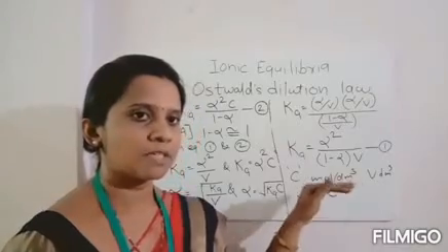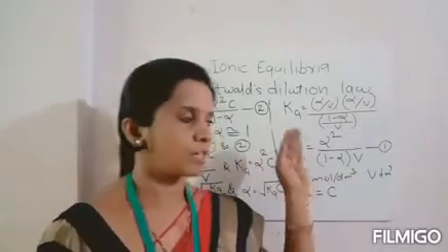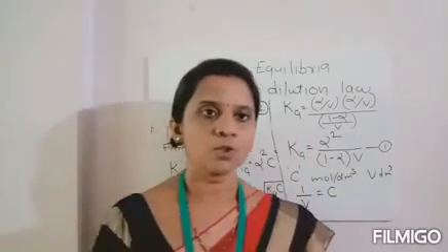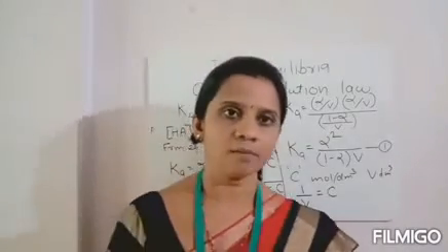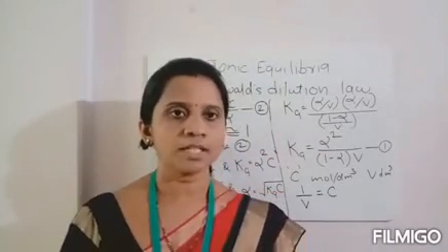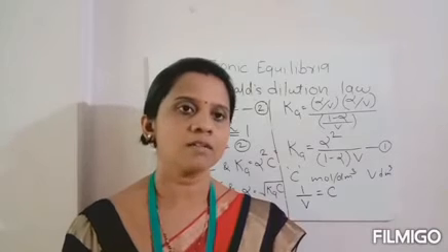So what are the steps? First, write the dissociation equilibrium, that is, weak acid HA dissociates into H plus and A minus.